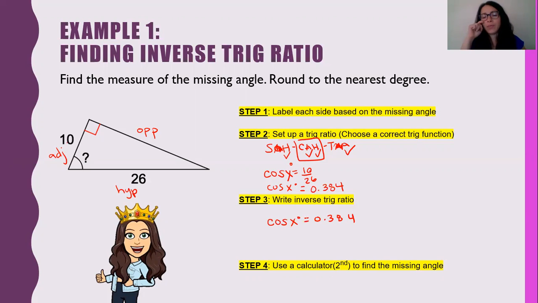The way to write it formally, like the way they like to do it, it's kind of weird, interesting, but you do a -1. You write cosine -1, and this part you don't have to know exactly, but that leaves me with x is equal to cosine -1 of 0.384. That's the correct way to write it.